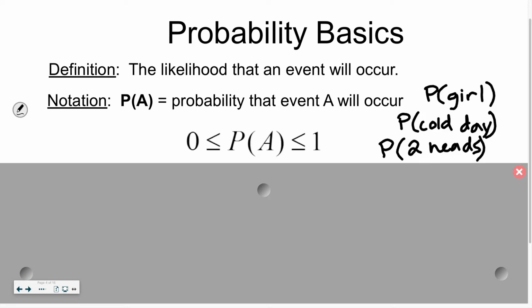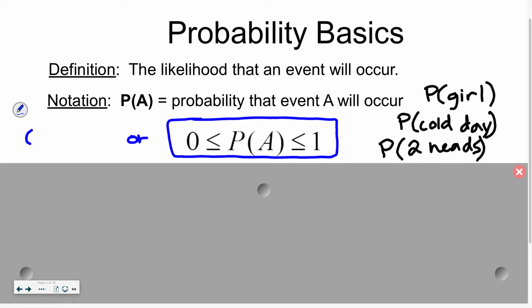This right here is super important. You can also think about it in percents. So the probability of an event A can be between 0% and 100%, but you can't have more than 100, you can't have less than 0. So listen very carefully.